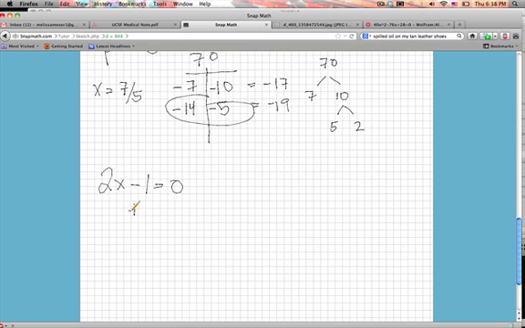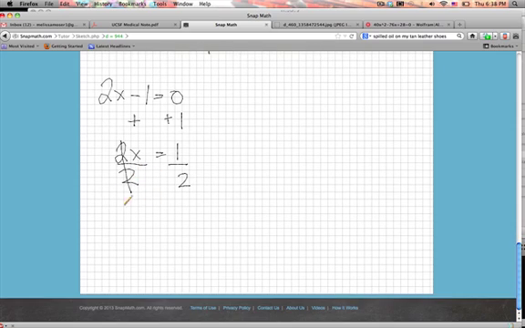We're going to add 1 to both sides, and we end up with 2x on the left-hand side and 1 on the right-hand side. And then we're going to divide both sides by 2. This is going to cancel out on the left-hand side, and what we end up with is x is equal to 1/2.